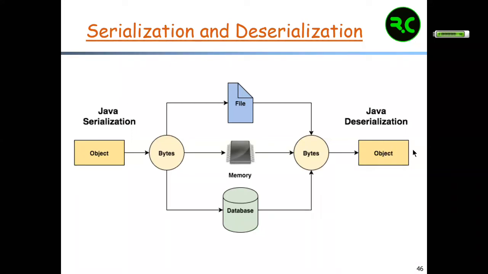With the help of the object of the employee class I can find out the name of the employee, the ID of the employee, the salary details and the contact details of the employee easily. This is called serialization and deserialization.